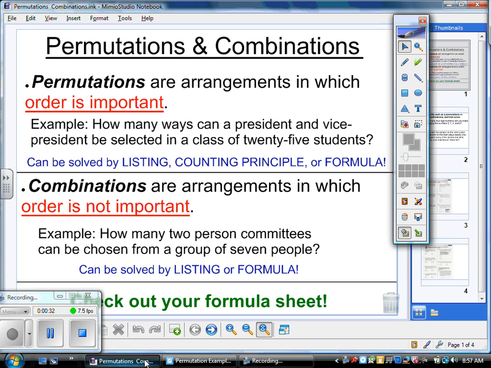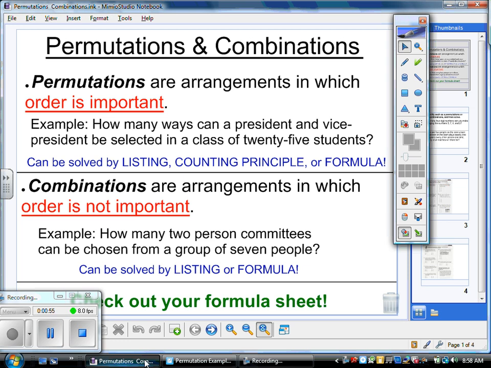Permutations are arrangements in which order is important. For example, how many ways can a president and vice president be selected in a class of 25 students? In this situation, order is important because if I start changing the order, it would be another outcome. I can use some students' names as examples.